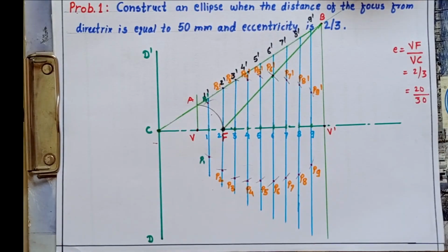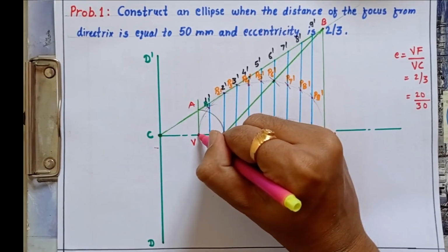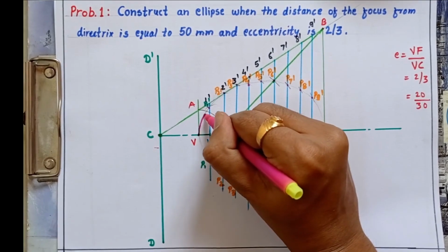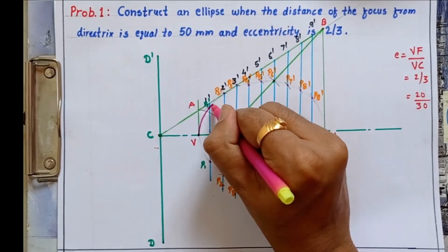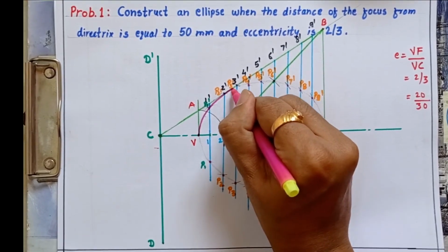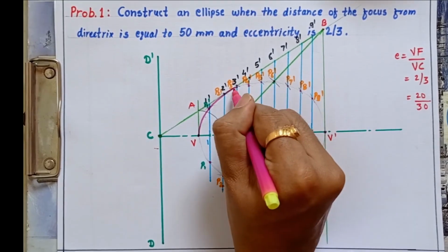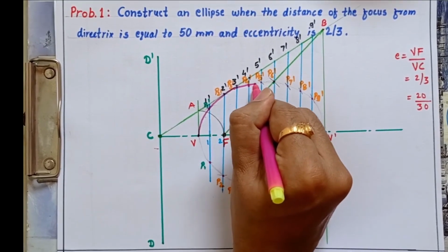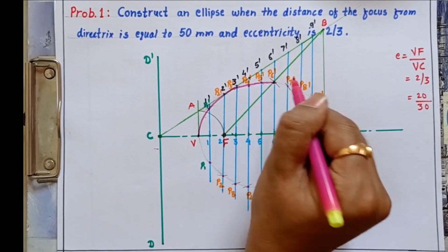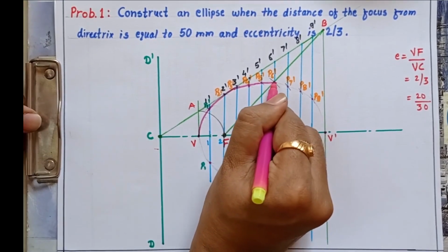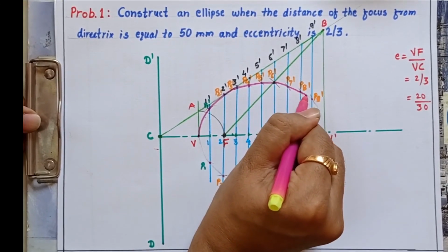Now we are going to connect them by means of a smooth curve. P1 dash, P2 dash, P3 dash, P4 dash, P5 dash, P6 dash, P7, 8, 9.